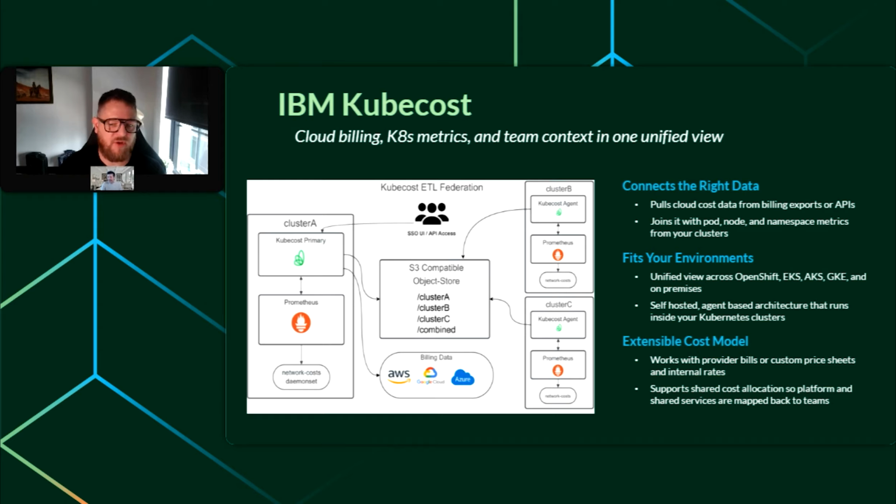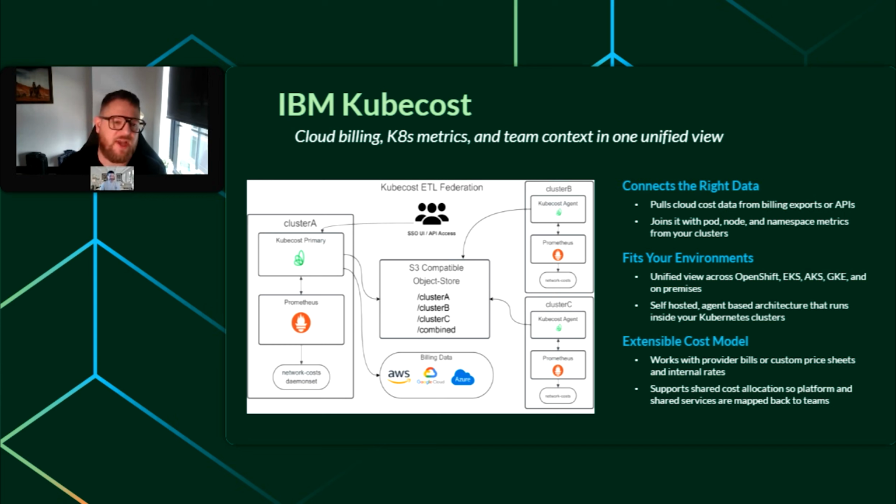But what you're seeing here really is how Kubecost is implementing everything we've talked about so far. We've got Kubecost pulling in cloud billing data and Kubernetes metrics, and it puts this in a single cost model for clusters, namespaces, and workloads. So, a single pane of glass for everything you're looking for around Kubernetes context, as well as a unified view for everything you need to action.